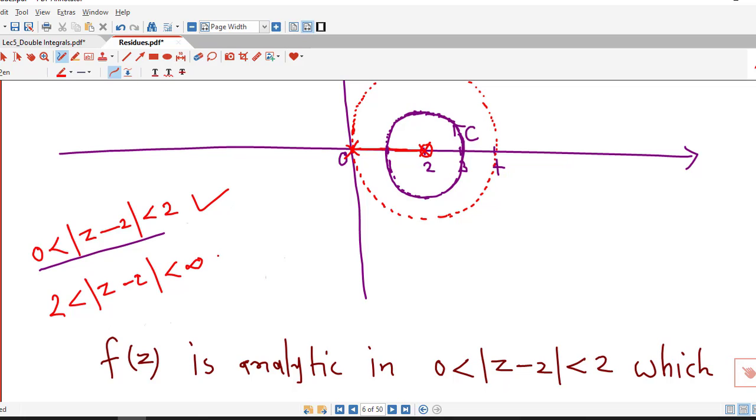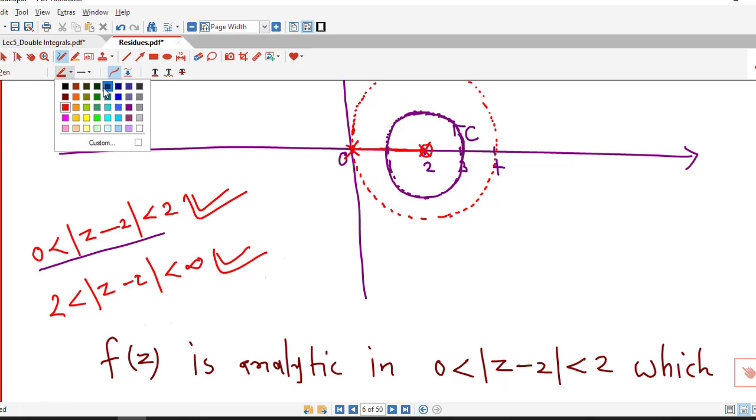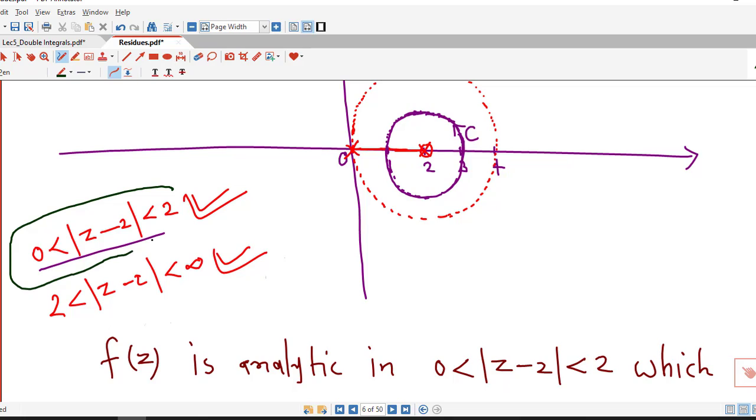So we can expand f of z as a Laurent series in both the domains, but we will select that domain which contains our simple closed contour C. So here this domain contains this circle |z minus 2| equal to 1. Therefore we have selected this domain and we find the Laurent series expansion of f of z in this domain.